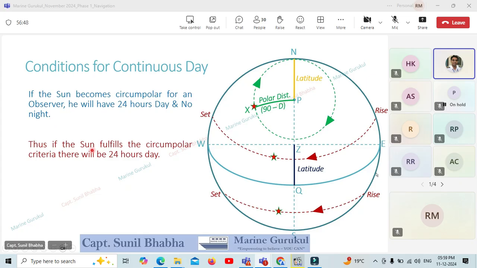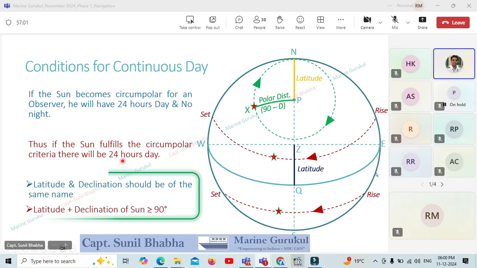So thus, if the sun fulfills the circumpolar criteria, there will be a 24 hours day and there will be no night for that particular observer. So in case the conditions for continuous day are asked to us in the question, they will be same as the conditions for circumpolar bodies.